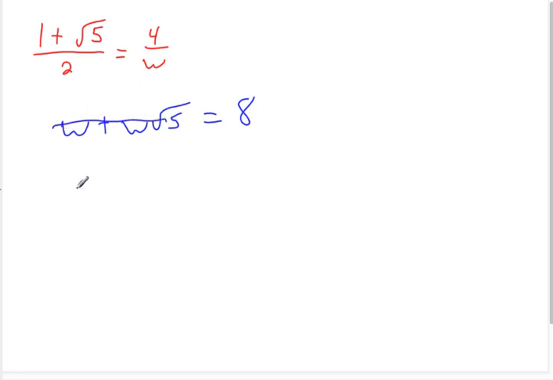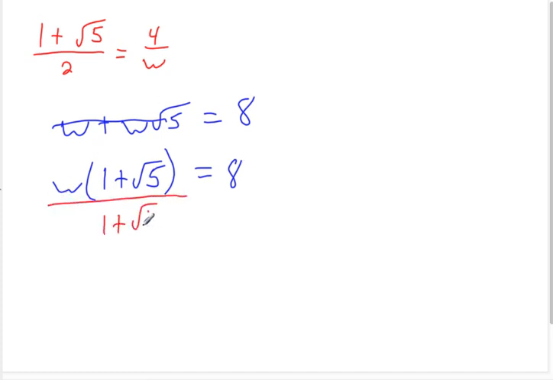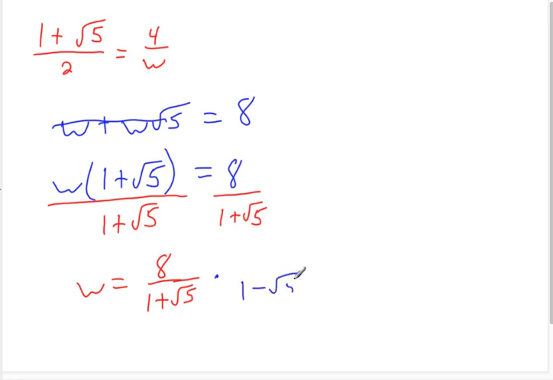So if we don't distribute, and we just write w times 1 plus root 5 equals 8, then we can divide both sides by 1 plus root 5, and then we end up isolating the w, which is what we want. So we have w equals 8 over 1 plus root 5, but we cannot finish with a radical in the denominator, so we're going to multiply top and bottom by 1 minus root 5.